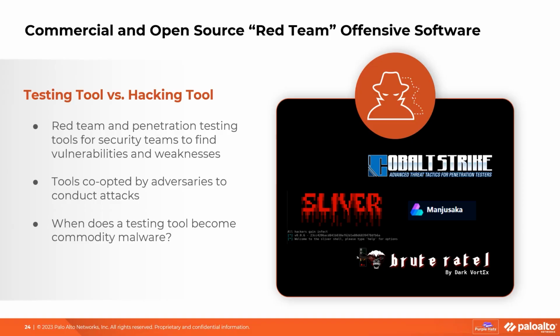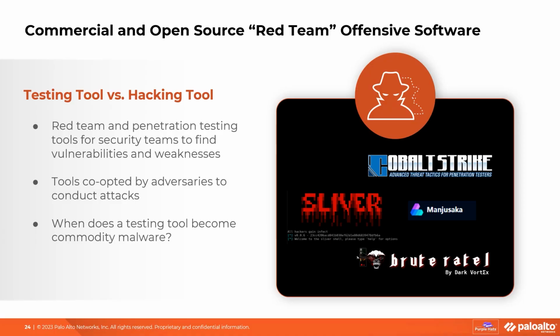Brute Ratel has been developed in the past year and gotten into the headlines, let's say, and it tries to follow a similar selling and vetting procedure to be sold only to good red teams. But at the same time, Sliver and Manjusaka are less vetted. Manjusaka is a framework from China, so it's less tested, let's say, and less vetted who's using it.